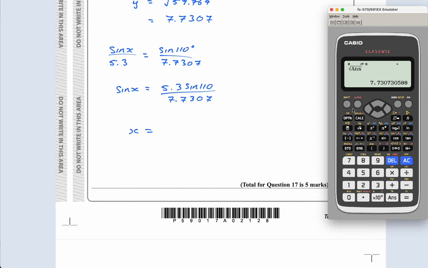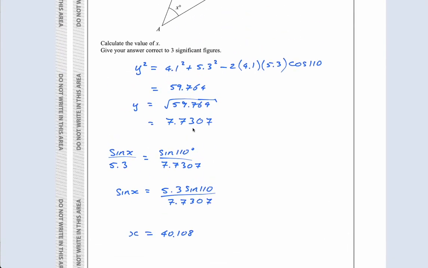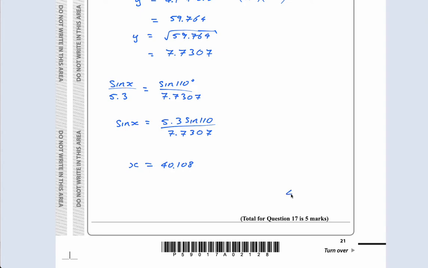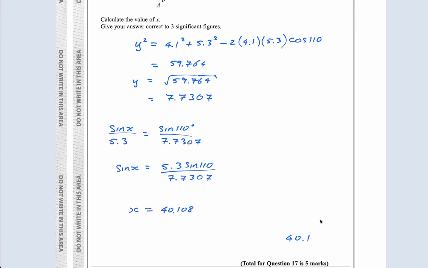Inverse sine, shift and sine, and then do this. 5.3 times sine 110 over 7.7307, close all my brackets, enter, and I get 40.108. He said 3 significant figures, so I'll put 40.1 centimeters. 40.1 centimeters. Okay.